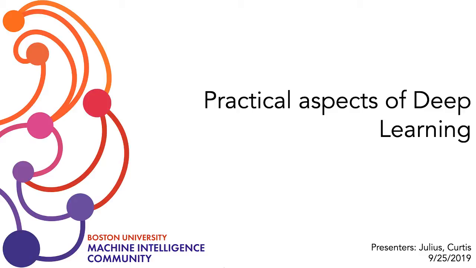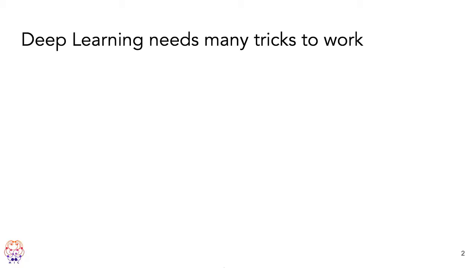So, I guess we'll get started. First of all, in deep learning, we just need a lot of things to go right in order to make it work. So there's a lot of tricks. For one, there's the data. You could have all sorts of data. Data could be so messy in industry, for example.